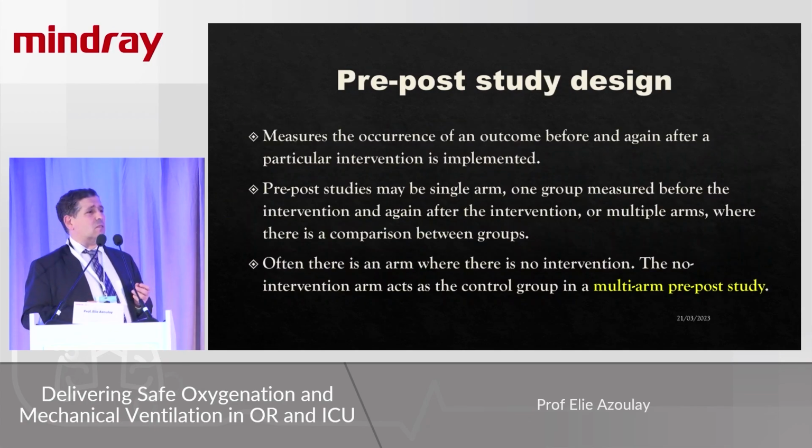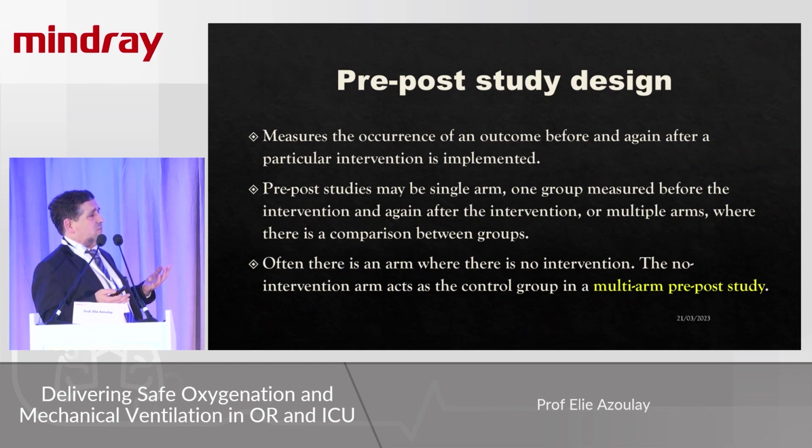So Samir presented us with a pre-post study. So we measure the occurrence of an outcome, by the way, an oxygenation outcome, before and after a particular intervention is implemented. A pre-post study may be single arm, so you take the same patients and you have an intervention and then you remeasure the outcome.